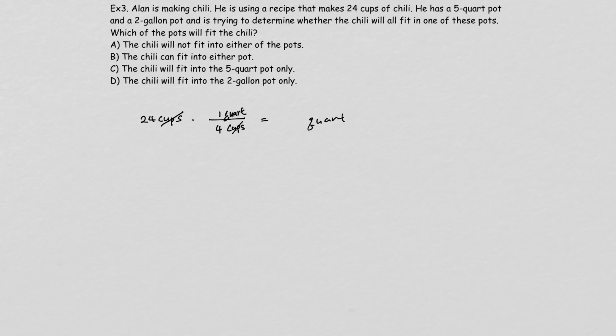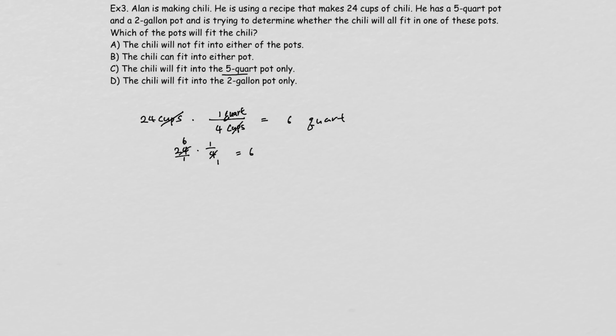This means you're doing 24 times 1 over 4. With 4 as the denominator and 24 as the numerator, find the common factor 4. So 4 goes into 24 6 times. So you're doing 6 times 1, and you get 6, which is going to be 6 quarts. So 24 cups is equivalent to 6 quarts.